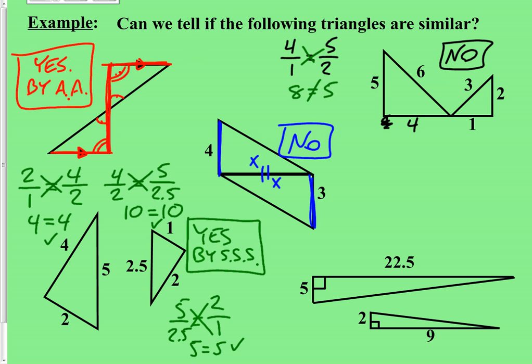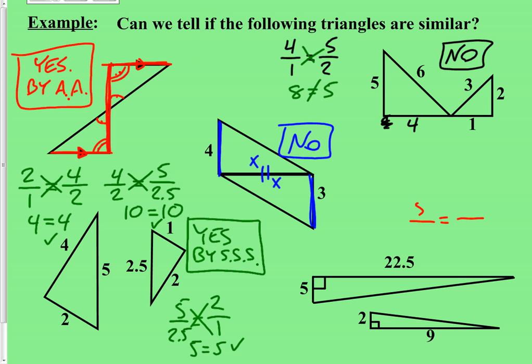And lastly, down at the bottom right, we have one set of angles marked as right angles, so we definitely have one set of angles congruent, and we have information about two sets of sides, so we should be thinking about side, side, side. But we need to check these sides to see if they are in proportion, so let's check it out. Set up a proportion. I'm going to get the small side out of the top triangle.